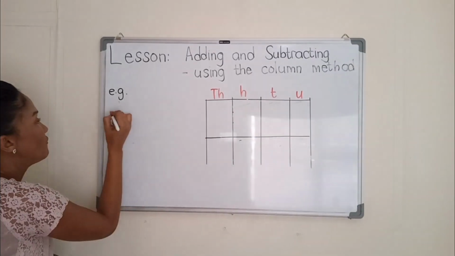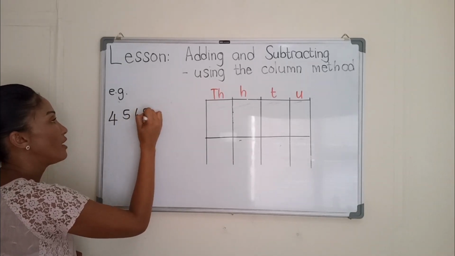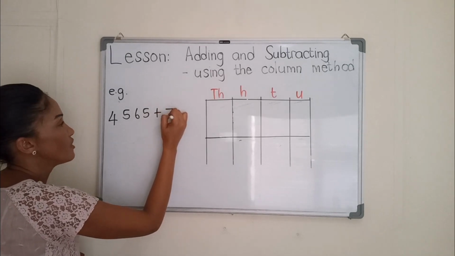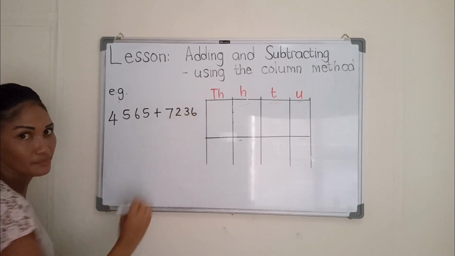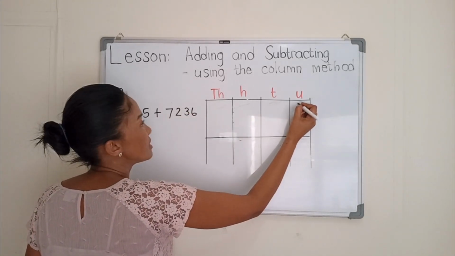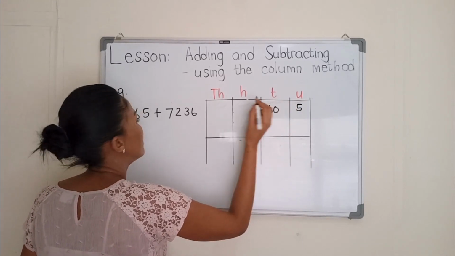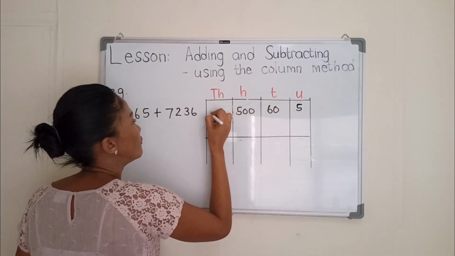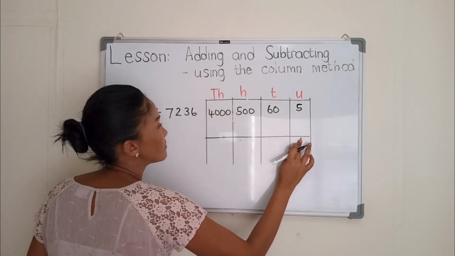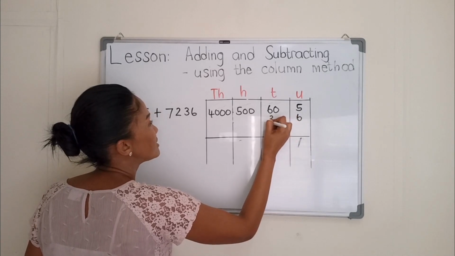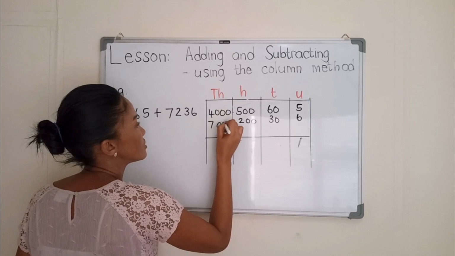Okay. So if I have 4,565 and I need to add 7,236. Placing them now in my columns, so it's 5, 60, 500, 4,000. 6, 30, 200 and 7,000.